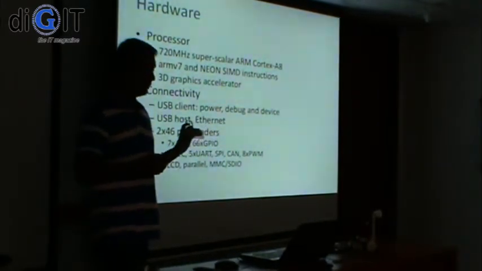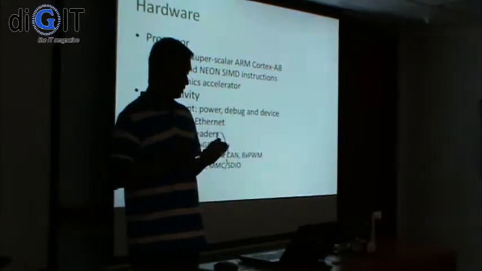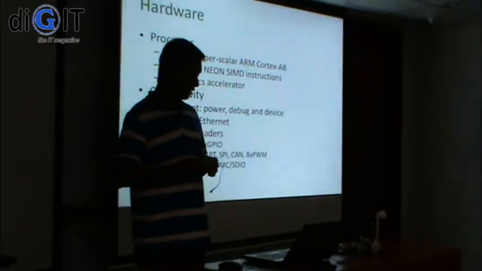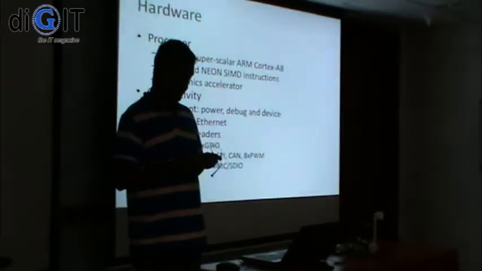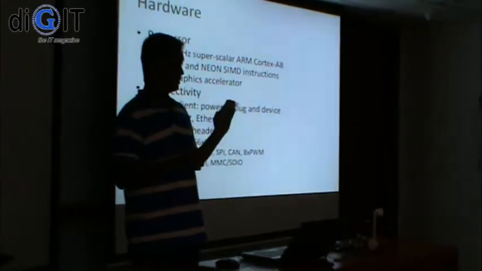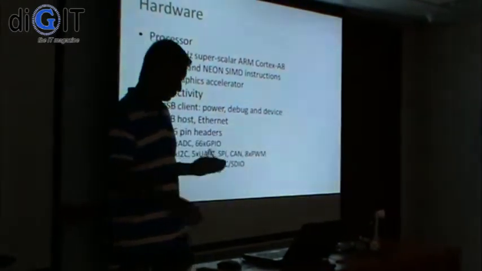PWM means pulse width modulation ports, and you can connect an LCD panel to this little thing and parallel connect many things. And there's a micro SD card reader here. You can store any data in this micro SD card.